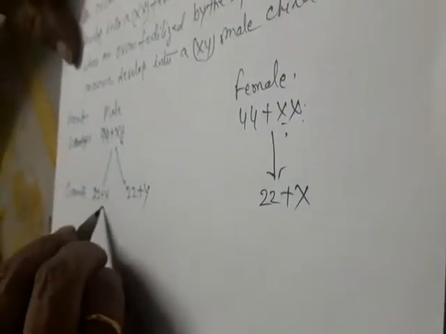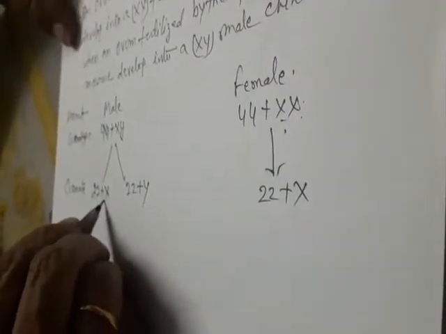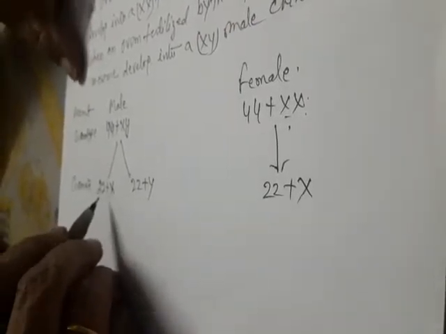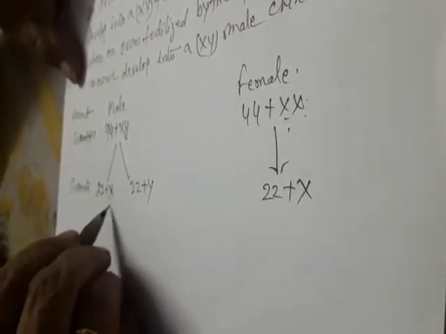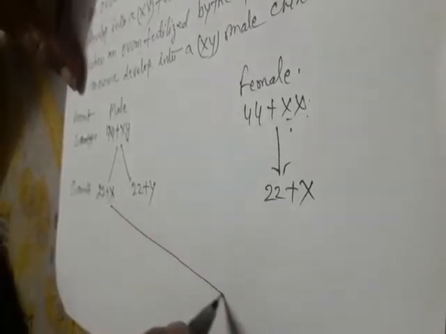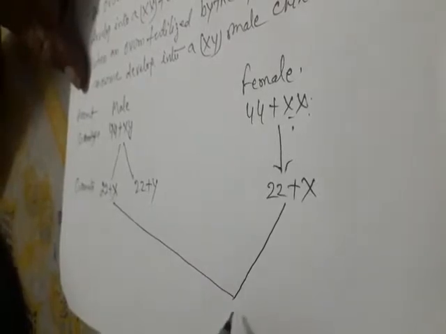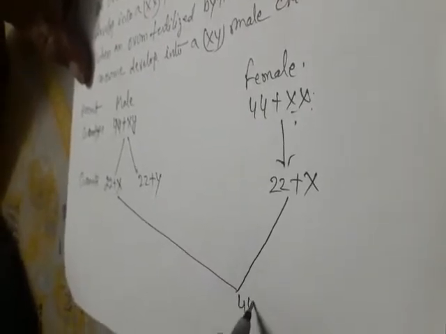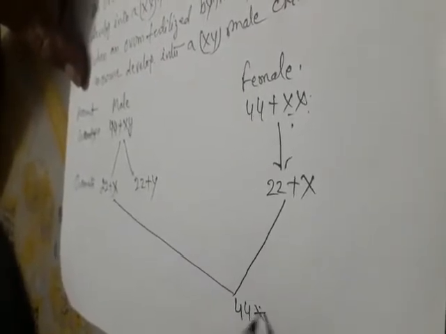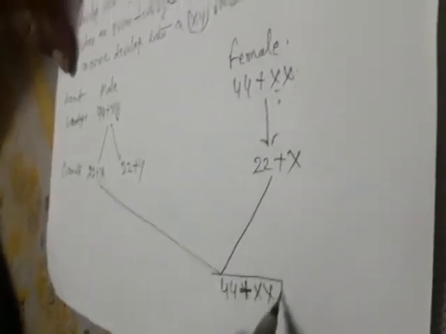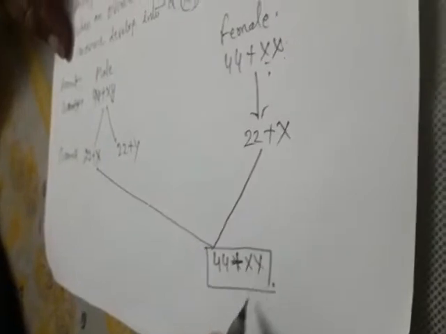Then a sperm carrying X chromosome, that means 22 plus X, fused with X chromosome of female forms 44 plus XX chromosome. Female one is formed.